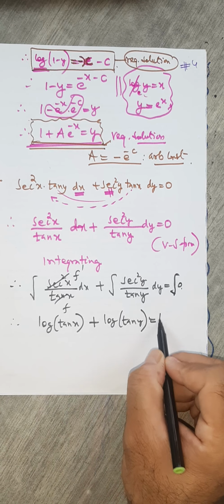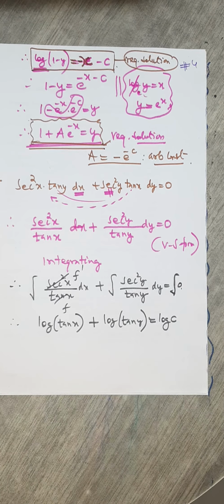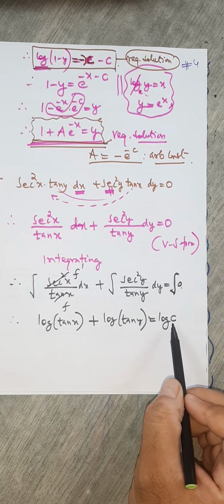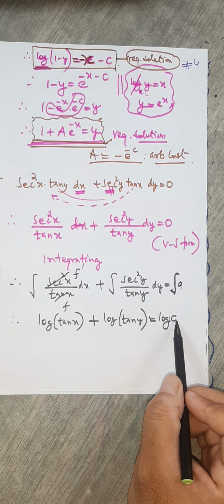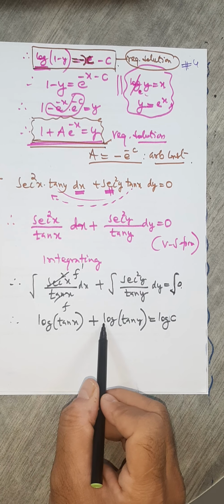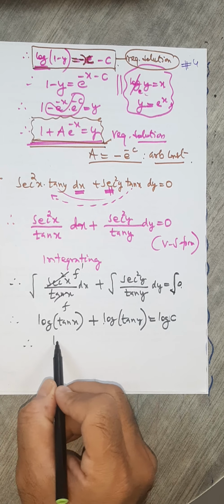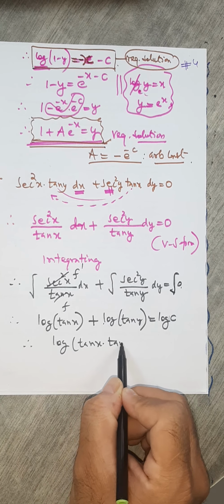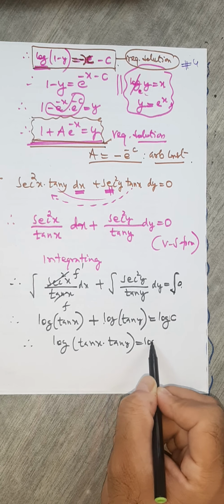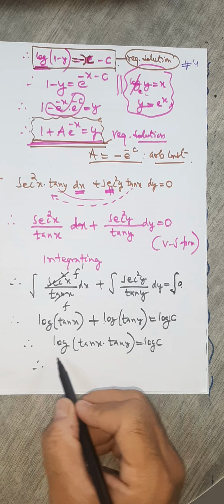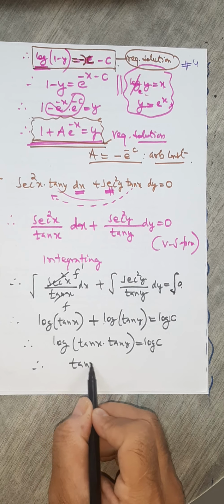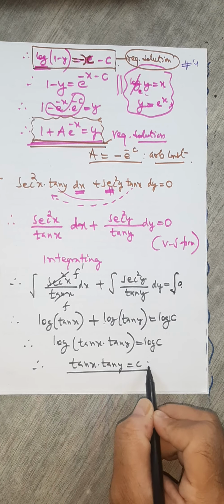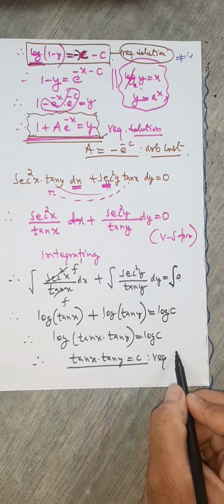Now at both places I have log, so I'll write log c as the constant. I repeat, integral of 0 is constant, so you can write c also, but at both the places I have log, so I wrote log c. Take the log common, so you know that the addition becomes multiplication, equals to log c. Now eliminate the log function from both the sides, so tan x into tan y equals to c. Required solution.